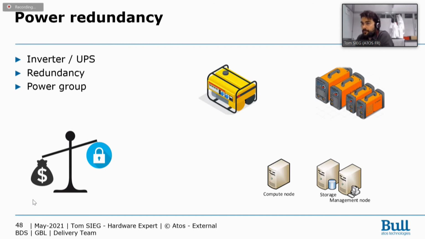So you have to adapt your power redundancy between security and money, because of course they are really expensive equipment, but your data, your jobs, your business could also be really expensive if you lose them. So the power redundancy is a balance between money and security, and you have to adapt it.